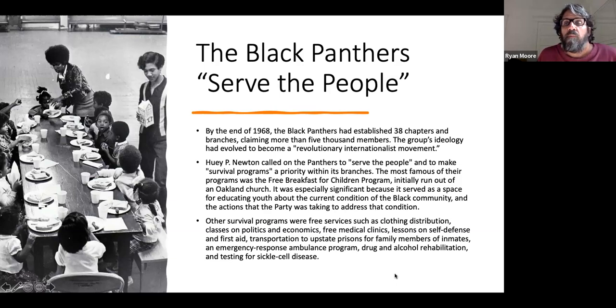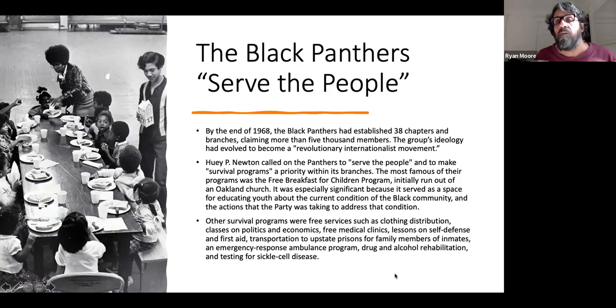And so the most famous of these serve the people programs was the Free Breakfast for Children program, which was initially run out of a church in Oakland. It was especially significant because it served as a space for educating young people about the current condition of the Black community and the actions that the party was taking to address that condition.